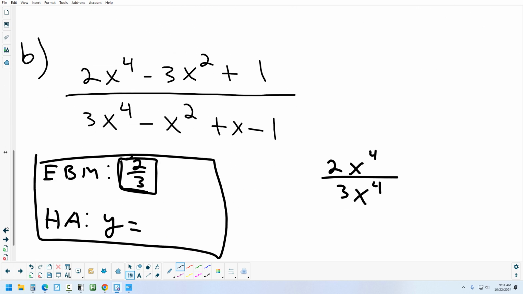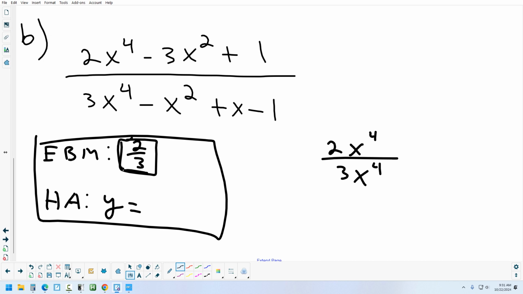What happens to the number in this box? Nothing, because there's no x. So that number is going to basically just stay as what? 2/3. Because there is no x in that box, as x gets bigger and bigger, it has no effect on the number in that box. So this is when your horizontal asymptote is at 2/3.